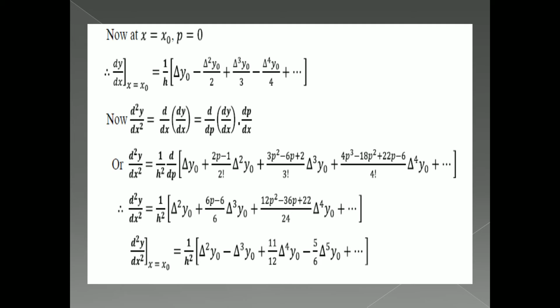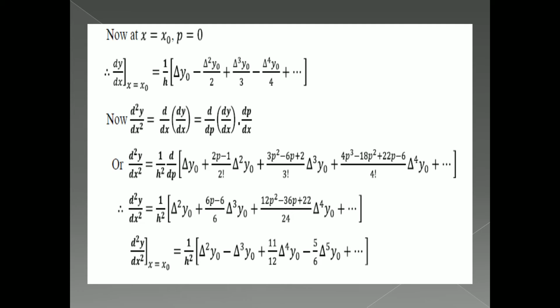Then d2y by dx square is equal to 1 upon h square [delta square of y0 plus (6p minus 6) upon 6 delta cube y0 plus (12p square minus 36p plus 22) upon 24 delta raised to 4 y0, plus and so on].